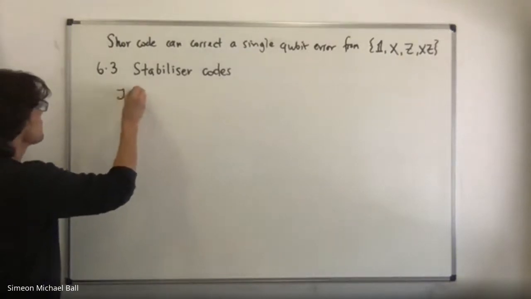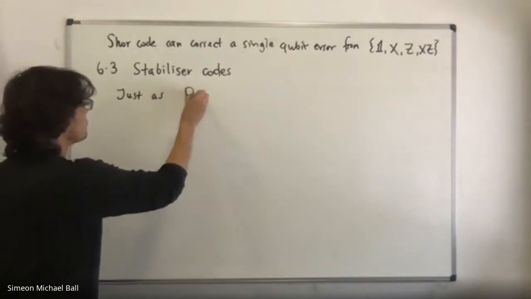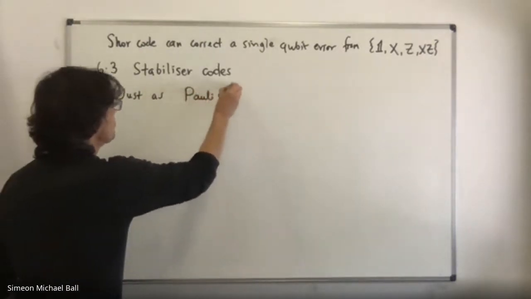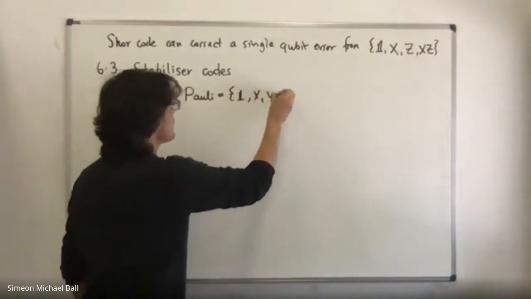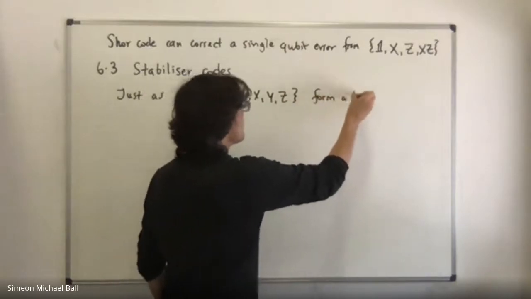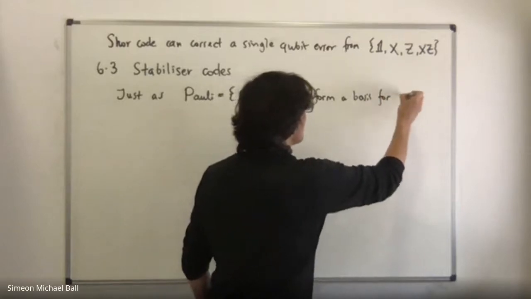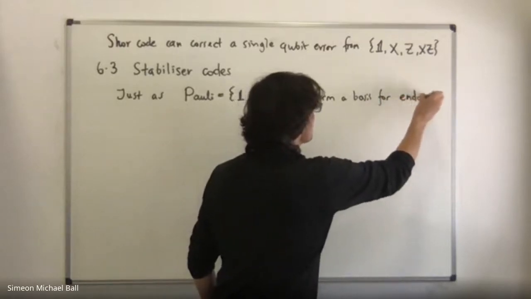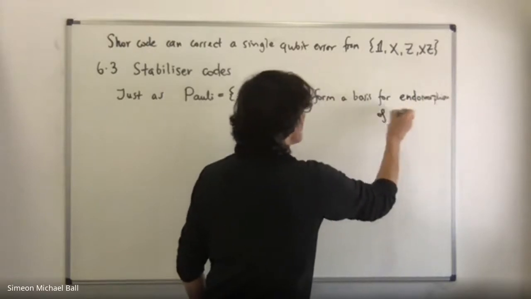just to recall, the Paulis I, X, Y, Z form a basis for the endomorphisms of C^2.